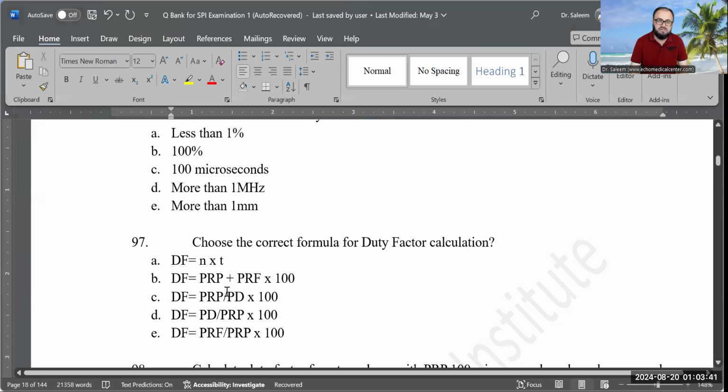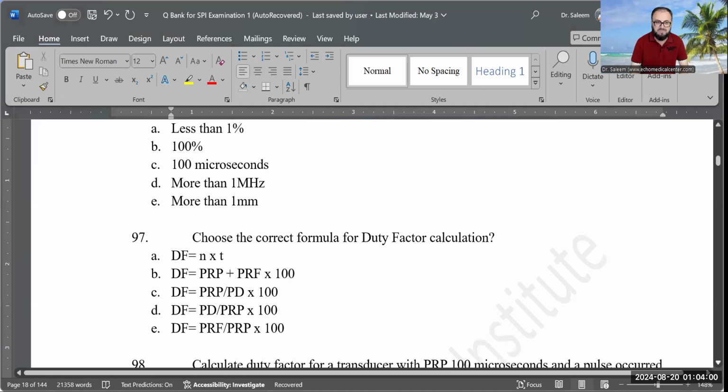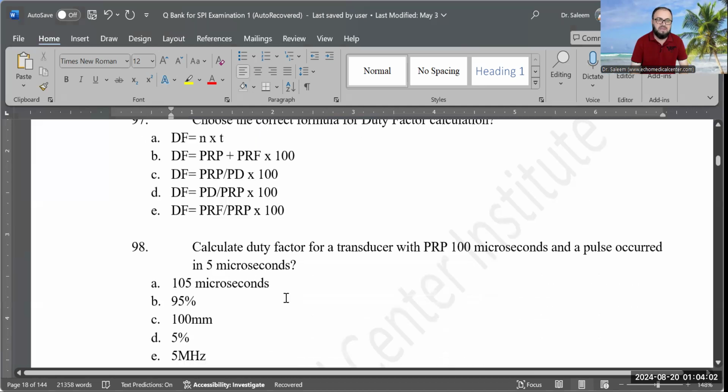Is it PRP divided by PD times 100? Is it PD divided by PRP times 100? Is it PRF divided by PRP times 100? What do you think? Exactly, D is the correct answer. PD, pulse duration, divided by pulse repetition period, times 100. That is the correct answer. Good job.